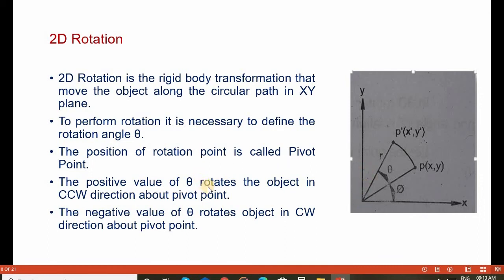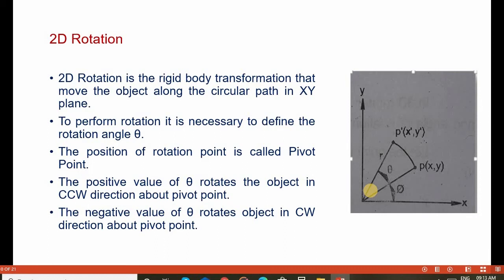A positive value of theta rotates the object in the counterclockwise direction about the pivot point. A negative value of theta rotates the object in the clockwise direction about the pivot point.